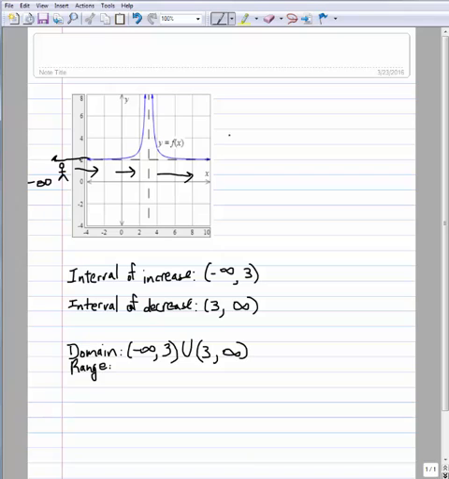And it's the same idea for the range, except for the range you start at negative infinity down here on your y-axis, and you go up and look left or right to see if you see any graph. As you can see, if we look left or right here, there's no graph anywhere. We don't actually start to see a graph until we get to, or really close to, this y value of positive 2. There's nothing here, left or right. So these y values are not a part of this graph because there's nothing down here.